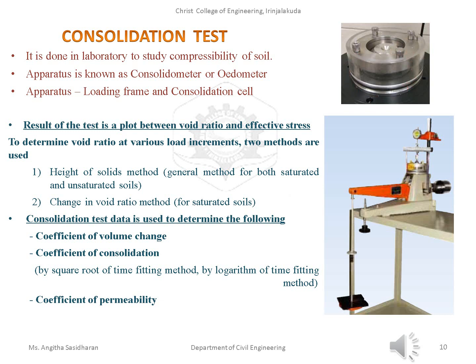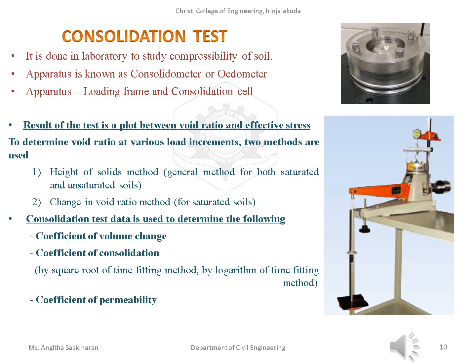We prepare the specimen, place it in the consolidation cell, keep the cell over here, and start applying the load. We note down the dial gauge readings, showing how much the thickness of the specimen is getting reduced. That's what the test is all about. You will see the detailed procedure in the coming slides.